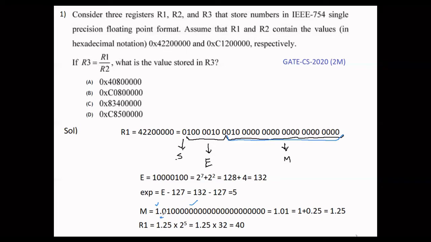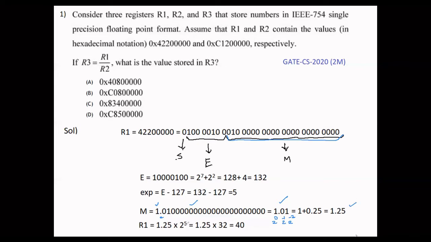So up to the last one, we have 1.01. If you convert it into decimal, 2 power 0, 2 power minus 1, 2 power minus 2, that is 1 plus 0.25, which equals 1.25.